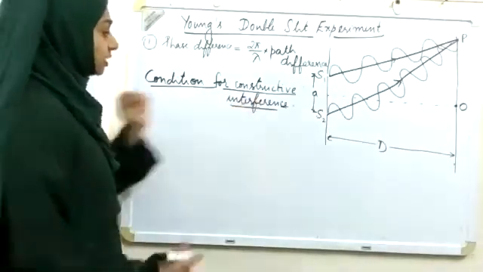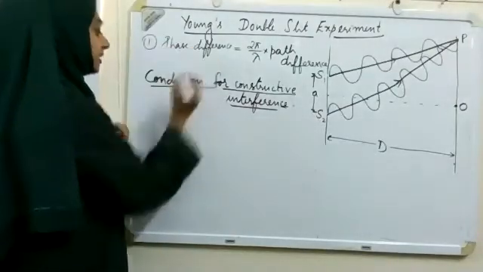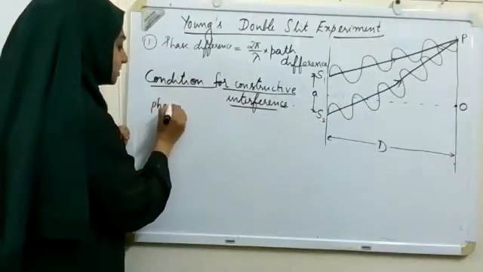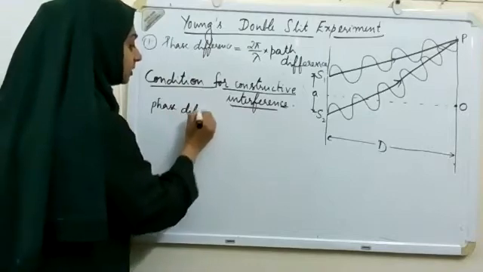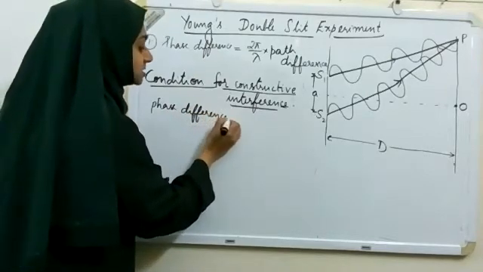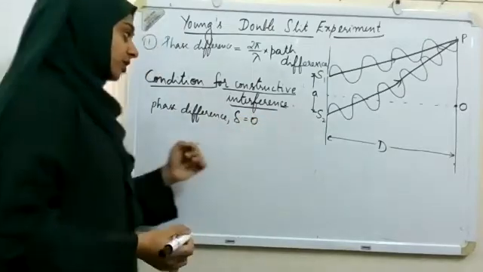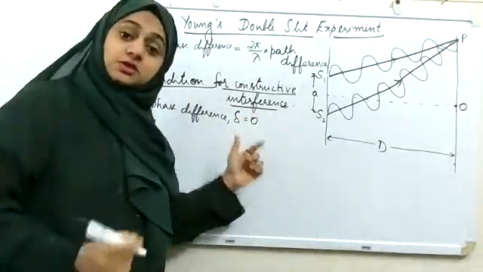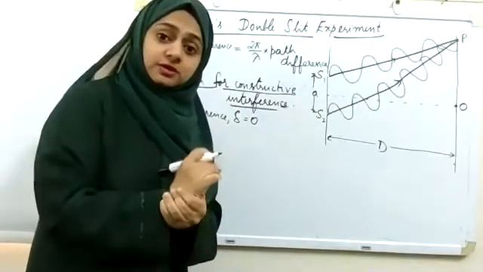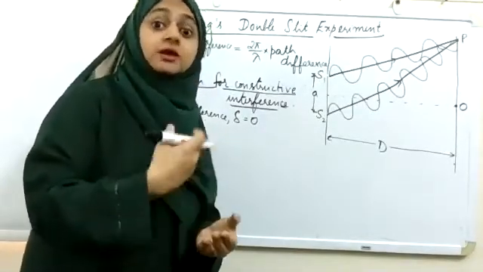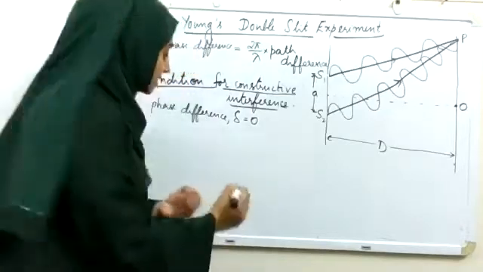So the condition for constructive interference is that the phase difference delta should be equal to 0. Only if the angle difference is 0 will they constructively interfere? No, there are other possibilities as well.